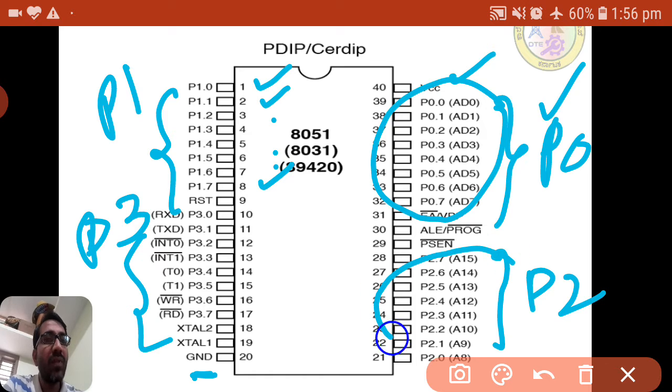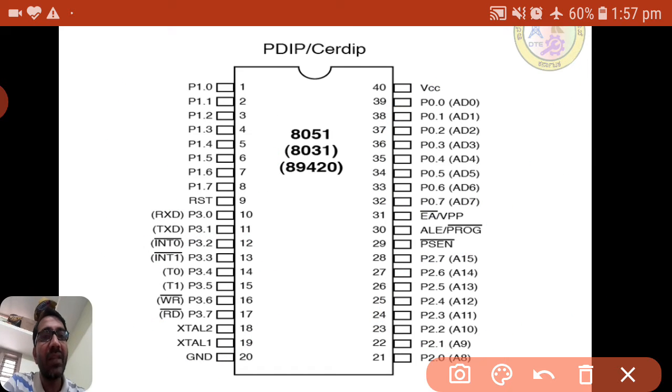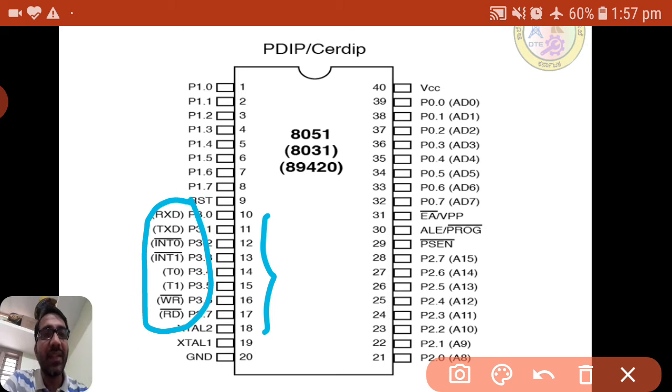Port 2 will act as address bus and normal IO, and port 3 will act as IO and is multifunctional, meaning port 3 is normal IO and it also carries some control signals with respect to interrupts, serial communication and timers. That is the job of port 3.